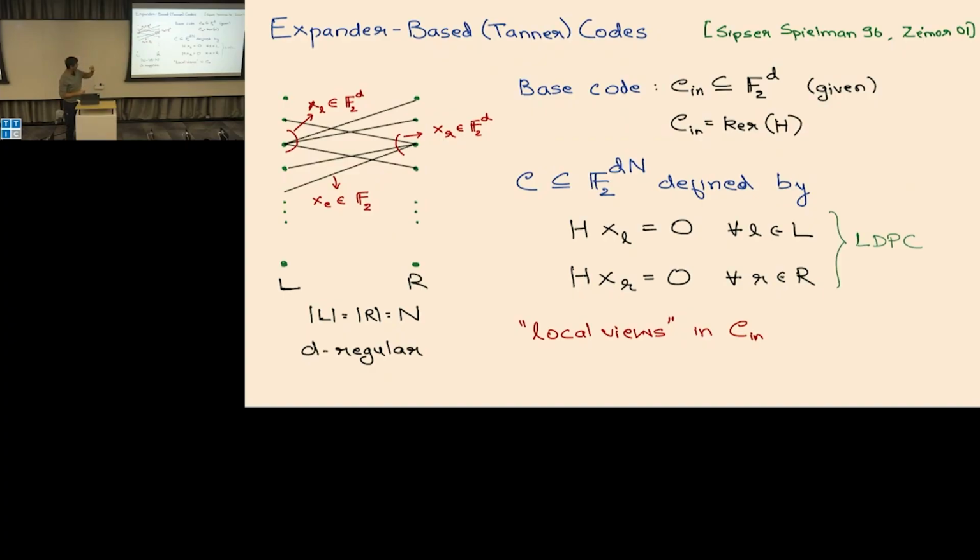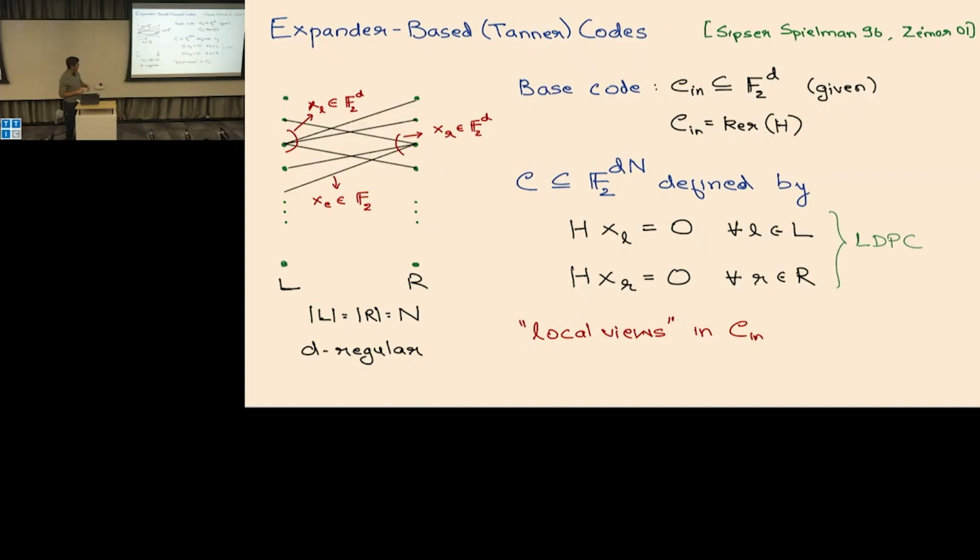And this is a very small object of size d, and you can use it to define this much larger object, which is a code which now lives in the space of F2 to the number of edges, which is d times n. And if the C sub n is a subspace, then you can think of it as a kernel of some matrix.